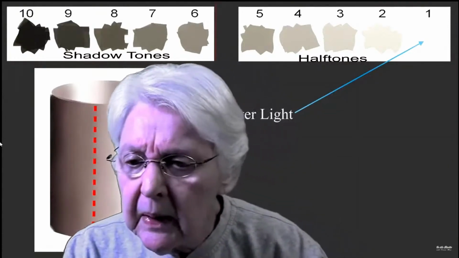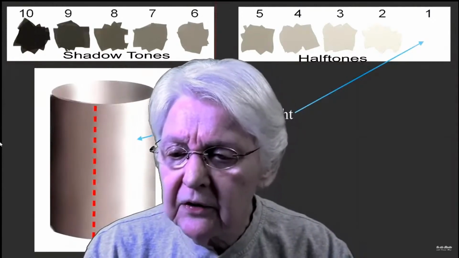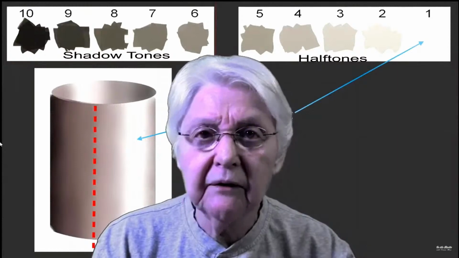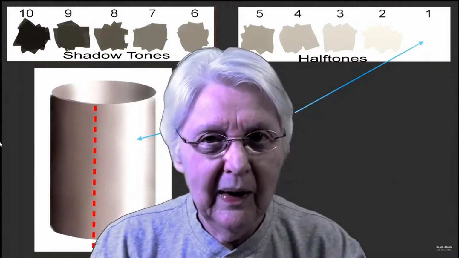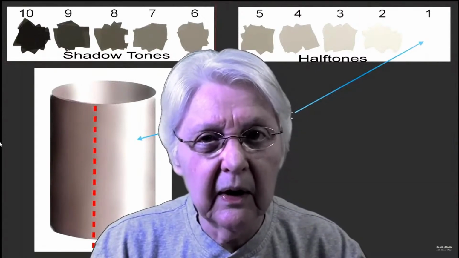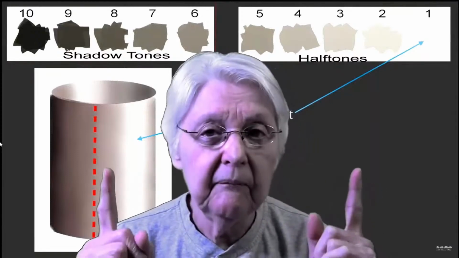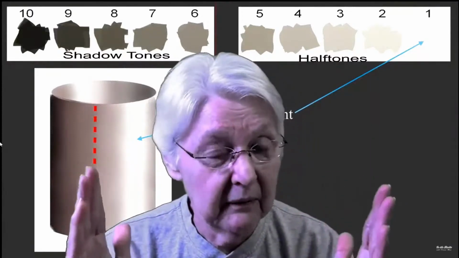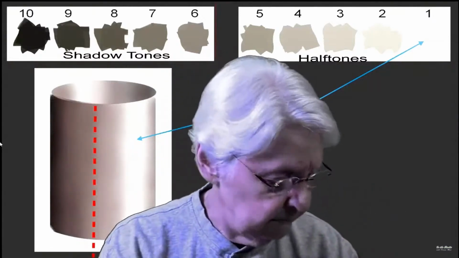Okay, Joni asks, would the reflection of the water also have halftones? Yes, it will. Remember, the water is reflecting the environment, and so it certainly is going to have halftones. Think of halftones as values that have color. Well, they don't have to have color, but think of halftones as values. Let me hold this up.